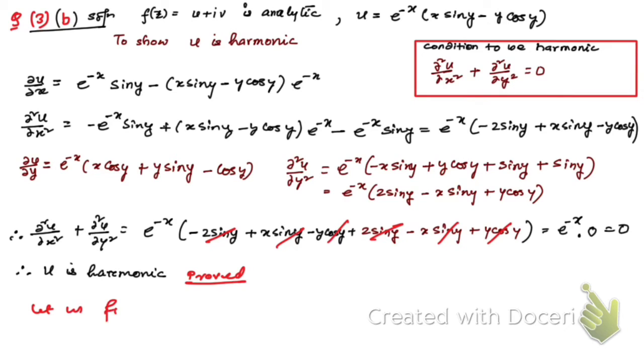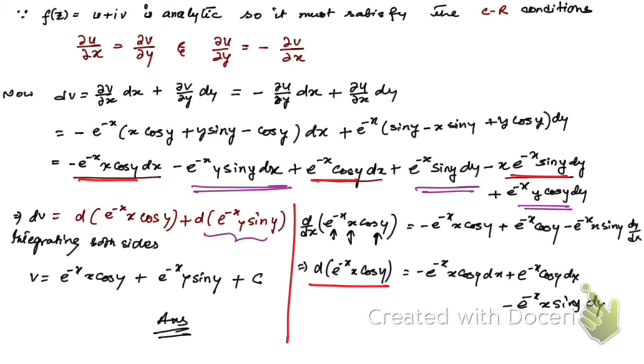So now let us find v. Now let me go to the new slide so that I can show you how to find v. So here you see, this is how I have found v. This function is analytic. If this is an analytic function, then it must satisfy these conditions, the CR conditions, the Cauchy-Riemann conditions that we have already discussed in complex variables, right?